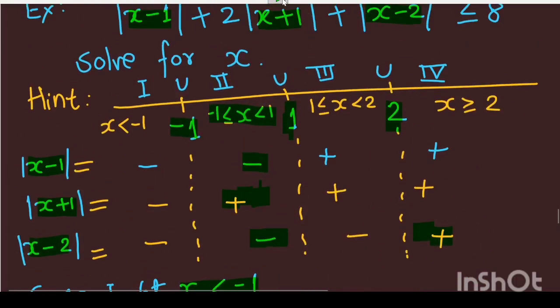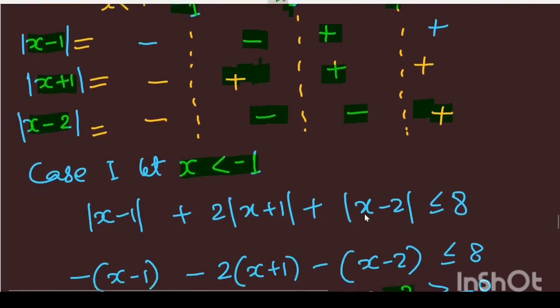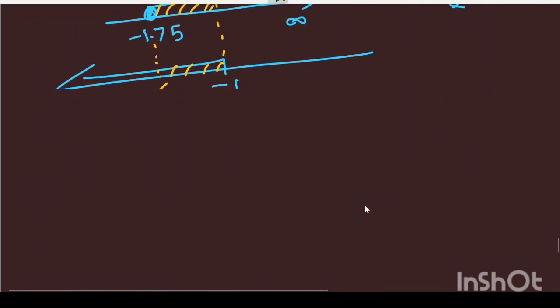In the third part, x is between 1 to 2, 1 included. So |x minus 1| will give a plus sign, |x plus 1| will give plus, |x minus 2| will give a minus sign. So 1 to 2 is the third case.